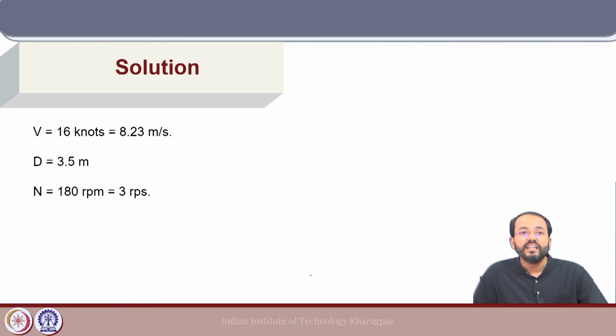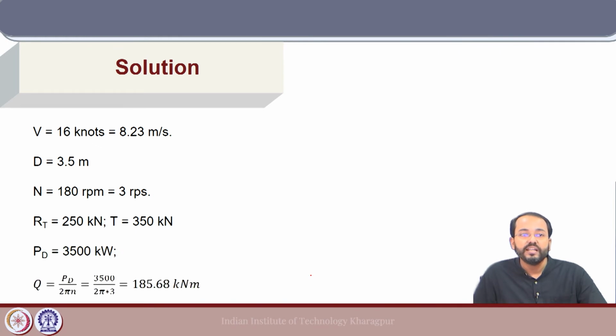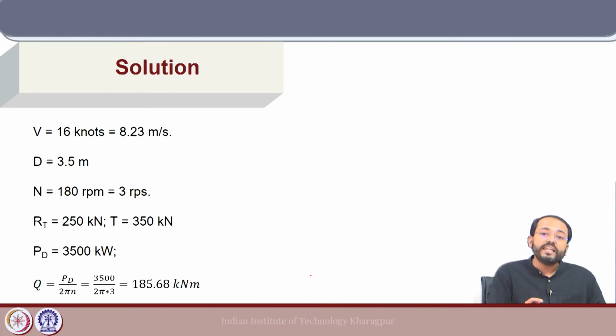So, these are the input values given in this problem. The velocity is converted into meters per second for standard calculations. The rotational speed n is 3 rps. The total resistance RT is given, which is the extrapolated resistance we get from the model scale to the full scale.